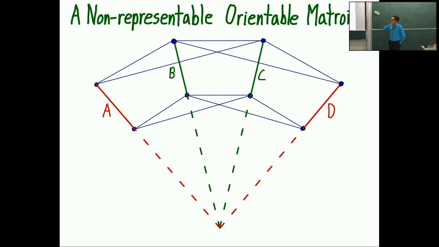So A should contain the intersection of the lines given by B and C, and D should contain the intersection of these 2 lines as well. But by transitivity, this point should also be contained in A and D, which means that A and D together should be a circuit, but we forced it not to be. So this matroid is not representable over any field, and it certainly doesn't have an affine representation.